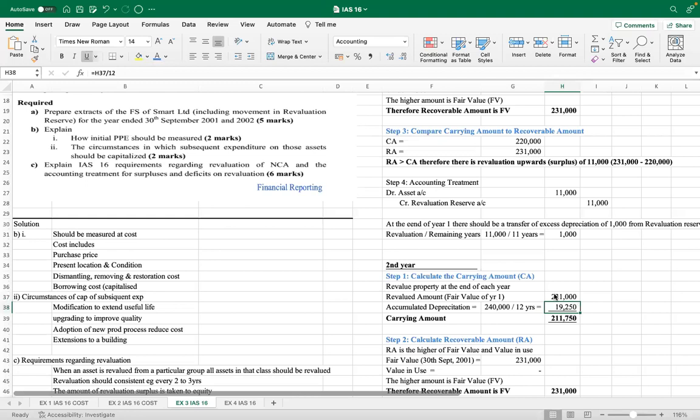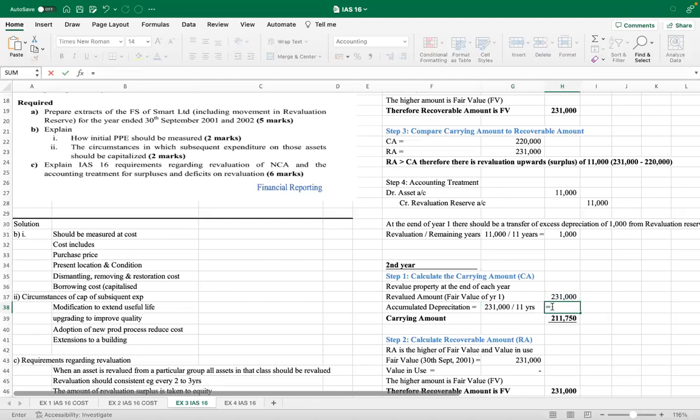You will no longer use that cost. So accumulated depreciation will now be based on the revalued amount. You don't use the cost now. You take 231 because we are using the revaluation method, divided by the number of years remaining. 11 years are remaining.